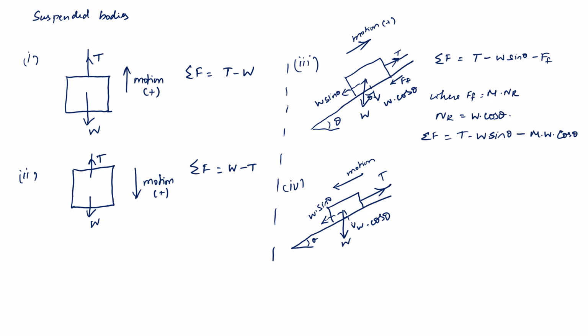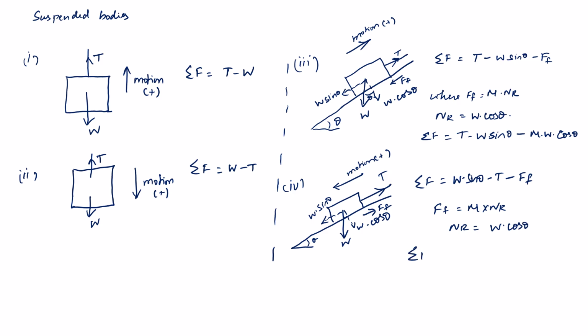If the motion is considered the positive direction, FF is going to be against motion always. In that consideration, the summation of F is going to be W sin theta minus T minus FF. FF is expanded as mu into NR as usual, where NR in this case is also W cos theta.